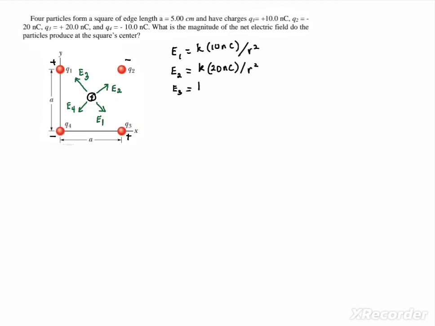E3 is K times 20 nanocoulombs, divide by R squared. And then E4 is K times 10 nanocoulombs. Again, although Q4 is negative, we are taking the absolute value, divide by R squared.